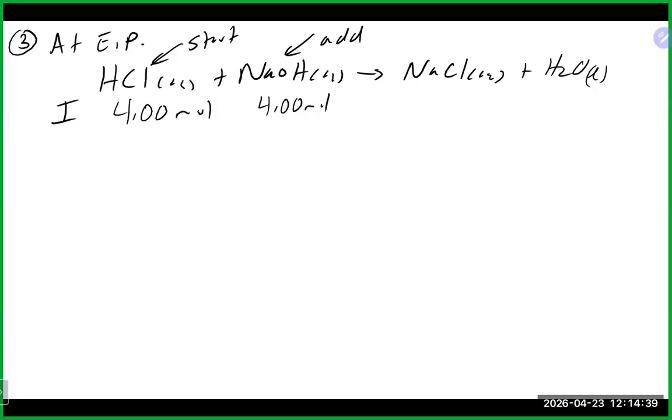So there are a few different ways you can figure out the volume, because you will need the volume to figure out the total volume so you get the molarity at the end, right? If you are not given the volume to reach the equivalence point, and it is a one-to-one relationship between the acid and the base, you could use our good friend, the dilution formula, M1 V1 equals M2 V2.